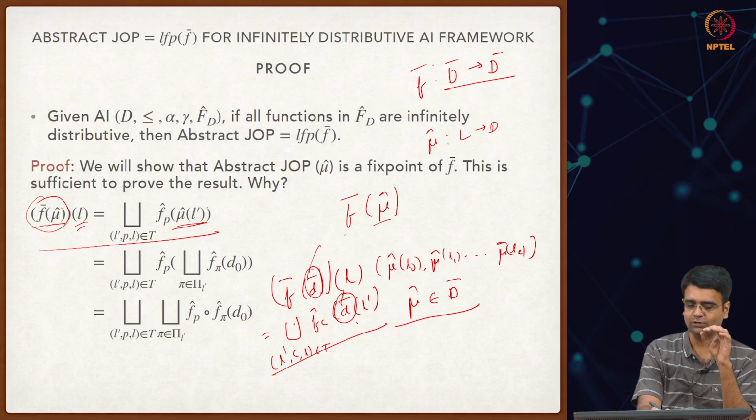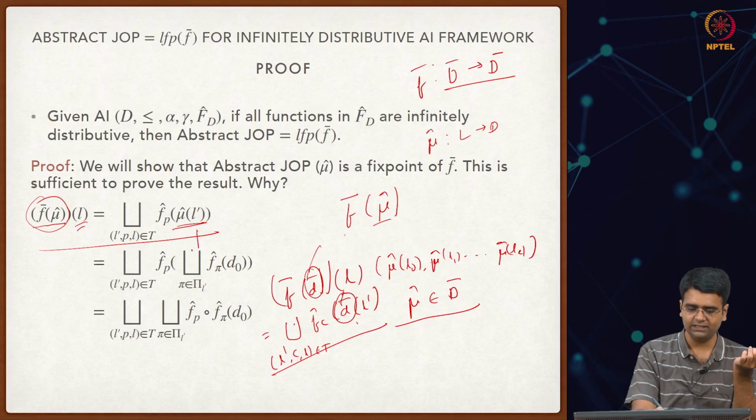So you take every possible path to the location L prime, compute the abstract values along all those paths, and then take their join. All I have done is expand mu hat of L prime, taking all paths pi to the location L prime, computing the abstract values reachable along those paths, and taking their join. This is the definition of mu hat of L prime.